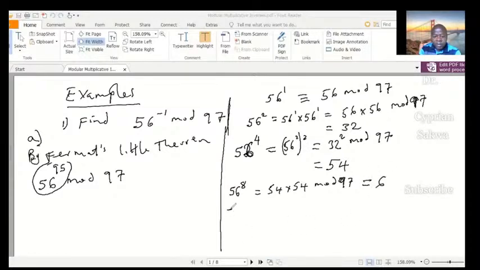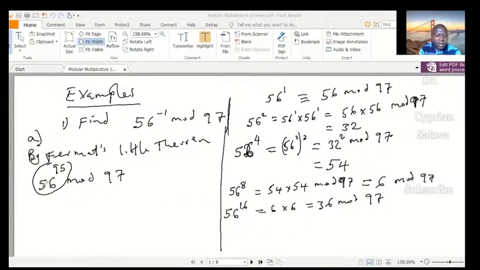What about the square of 56 raised to 8? The square is 56 raised to 16, which is 6 times 6 mod 97, and this is just 36. You can write mod 97 if you want, but it's understood that we are already working with mod 97, so in some cases I'm not writing it.